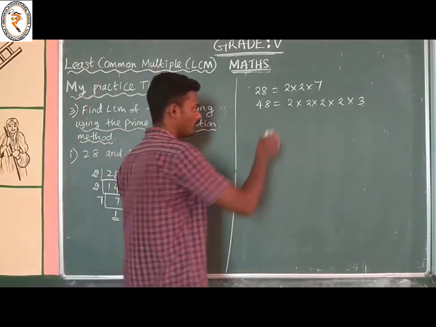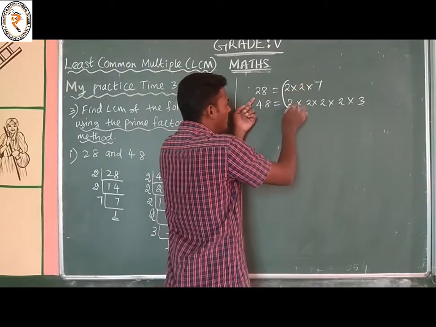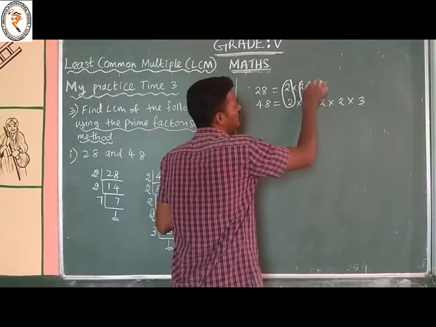Then form a group of the common numbers. In the two numbers we have the common number 2, and again 2 is common.